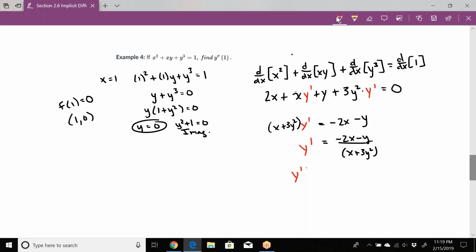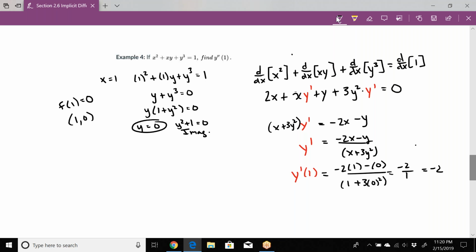So y prime of 1 is going to equal, because we have to plug in the ordered pair 1, 0, negative 2 times 1 minus 0 over 1 plus 3 times 0 squared. So that's negative 2 on top, and that's just going to be a 1 on bottom.